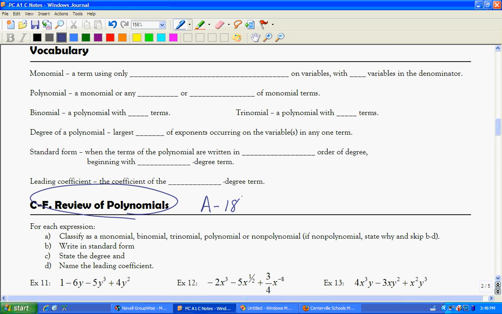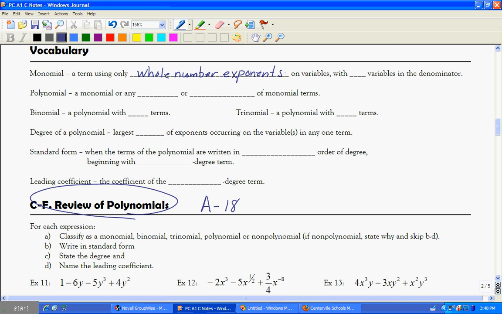We have a monomial. A monomial is a term using only whole number exponents. And those are on the variables.